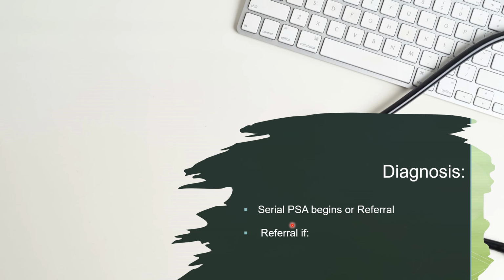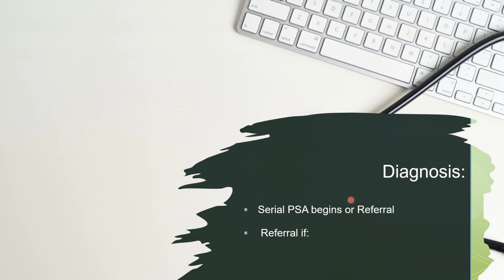Like this year, the baseline is 1.5 nanogram per mil on finasteride or dutasteride with the history of BPH, and then the same man 12 months after from 1.5 nanogram per mil is now 2.5 nanogram per mil or 3 nanogram per mil. Then I don't need any debate. I will pick the computer and make a referral.